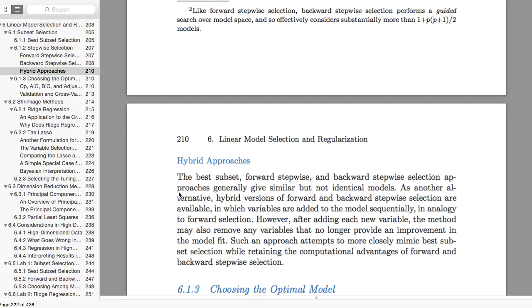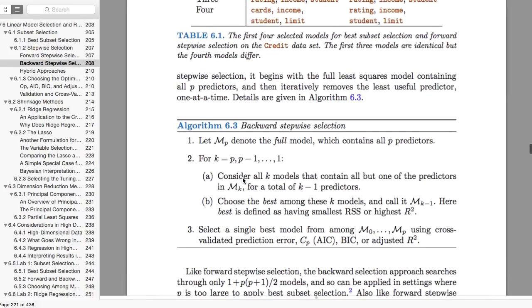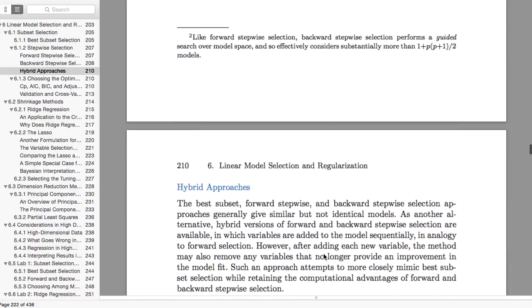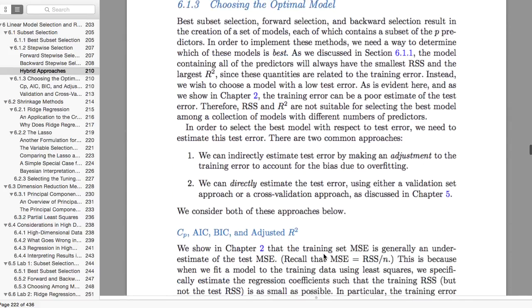Okay, now for each of these, we have these algorithms for forward, backward, and best, and each one of them mentions a criterion. Here are several criteria that are almost the same. Let's take a look at the equations for these criteria.